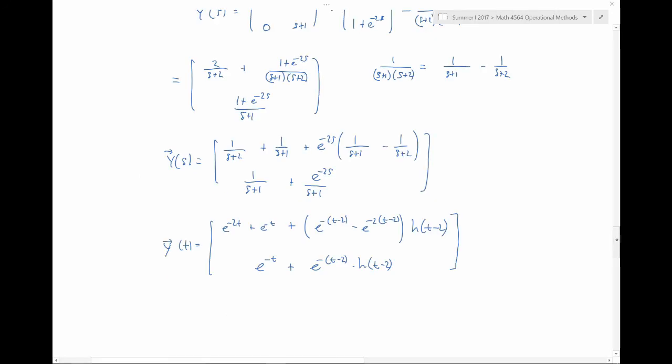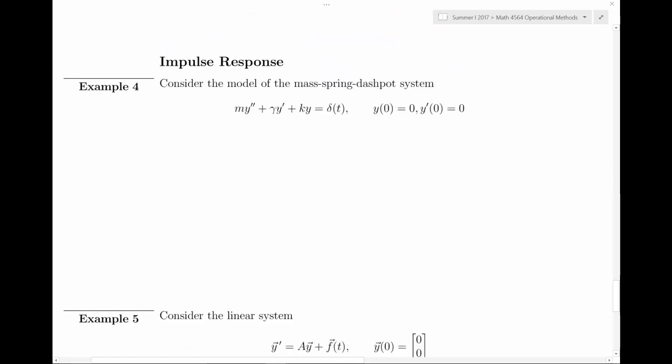The last thing I want to do today is to investigate what kind of a theoretical influence delta function has on systems. So consider a model of the mass spring dashpot system that was initially at rest, and at time equals 0 a delta function was applied to it. So it's like someone came to the system and hit it with a hammer.